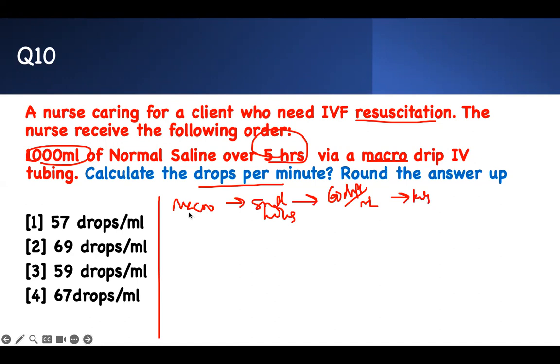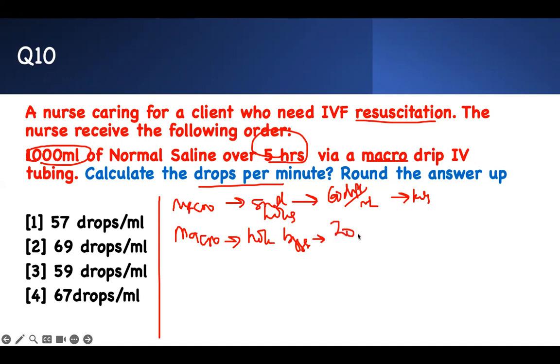Micro, MI, is 60 drops. The macro, MA, we all know is bigger. The hole is bigger. That means we're going to get fewer drops in a ml.